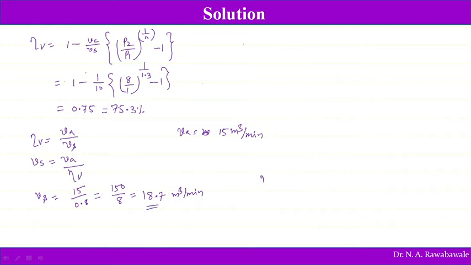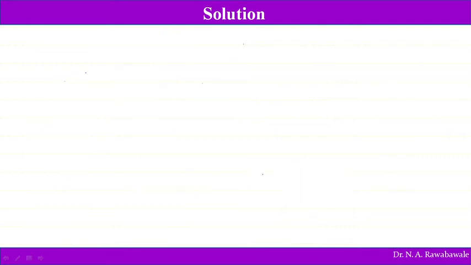So Vs we get as 18.7 meter cube per minute. But the formula for Vs is given as Vs is equal to pi by 4 d square L.